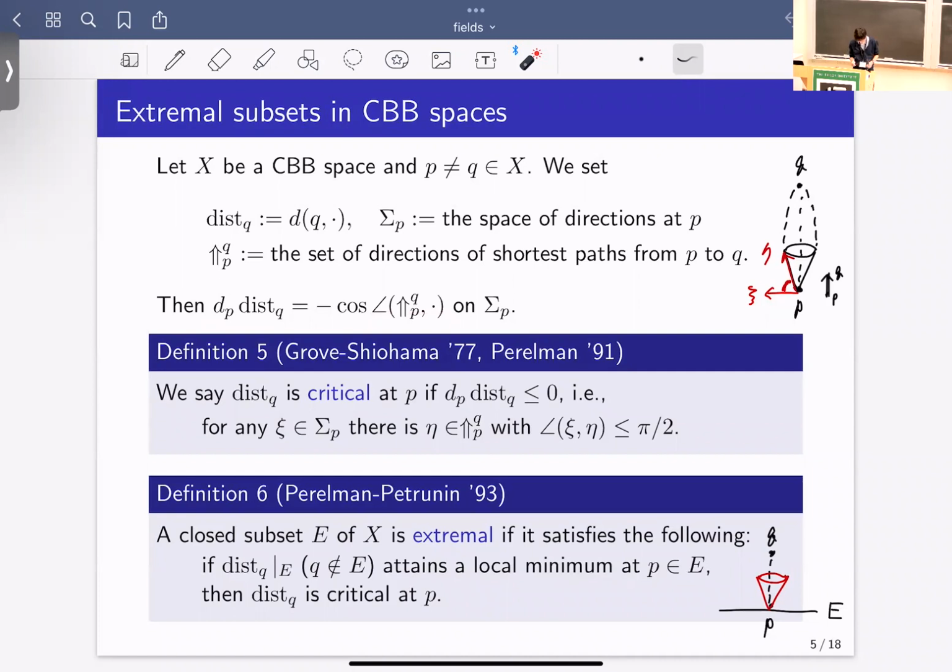So the directional derivative in this direction is given by this angle.